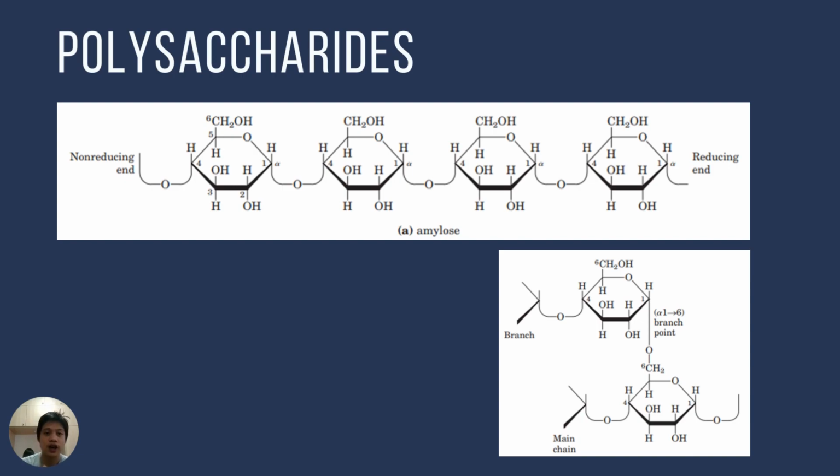And because carbon number 1 and carbon number 4 are found in the same plane, it will make up a linear strand of the polysaccharide here, which is starch. So the component monosaccharides that you will find here in amylose are glucose.